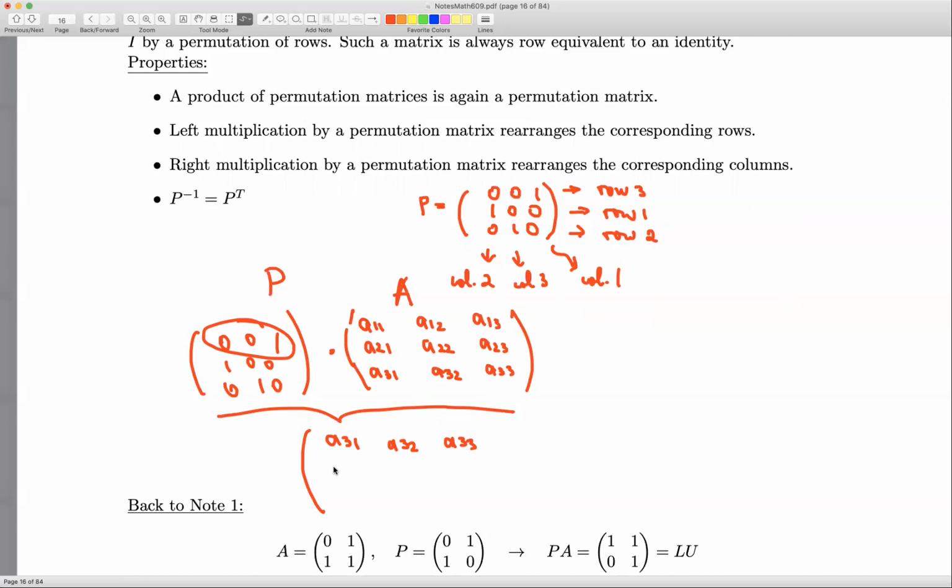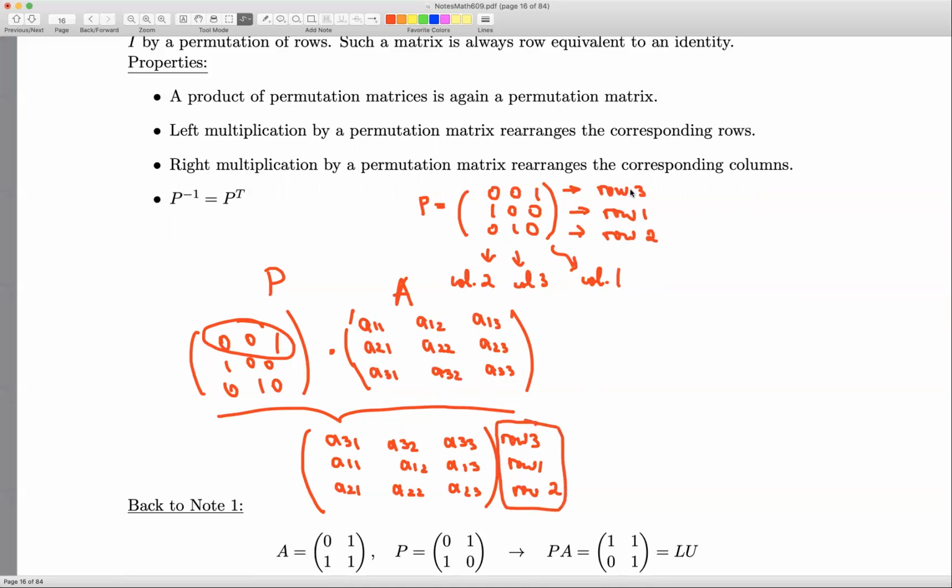Then we'll have row number 1, A11, A12, A13. And then row number 2, A21, A22, and A23. So this is row 3 of the original matrix, here is row 1 of the original matrix, and here is row 2 of the original matrix.